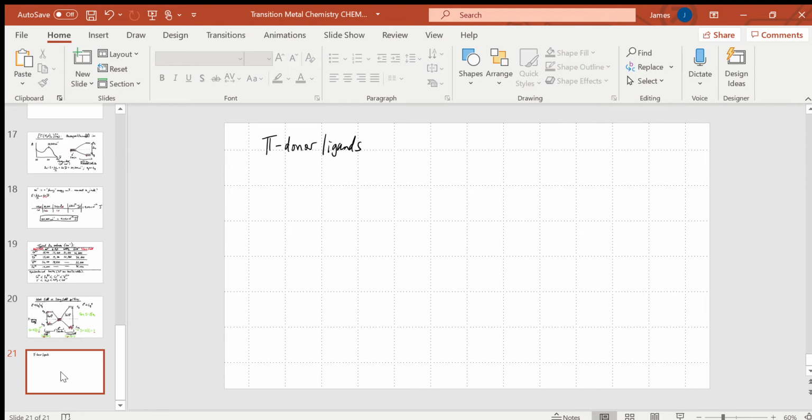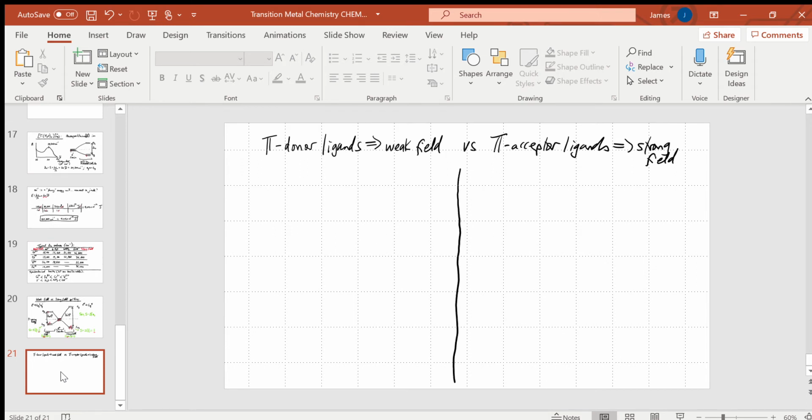Essentially, pi donor ligands are going to give us weak field versus pi acceptor ligands, which are going to give us strong fields. Okay, so I'm going to try and get this all on one slide so we can do a head-to-head.